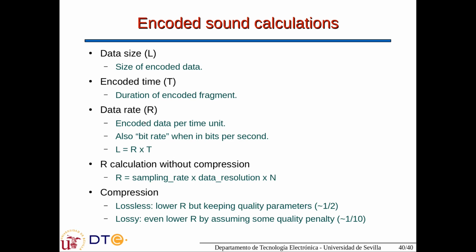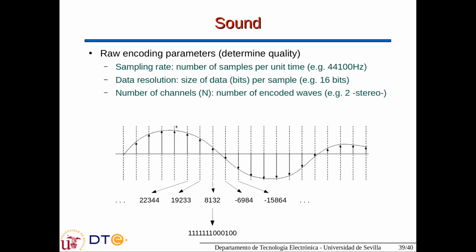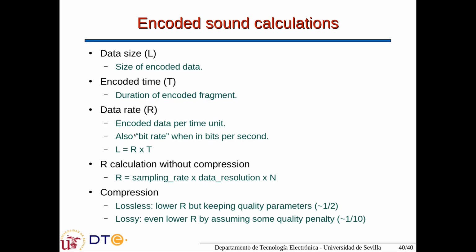In typical sound formats we use some kind of compression, but when we do not use compression, I mean when we take the samples and generate the numbers and just store the numbers as is without compression, the data rate can be derived from the sound quality parameters. It's basically calculated like that because the data resolution is how much data I have per sample.